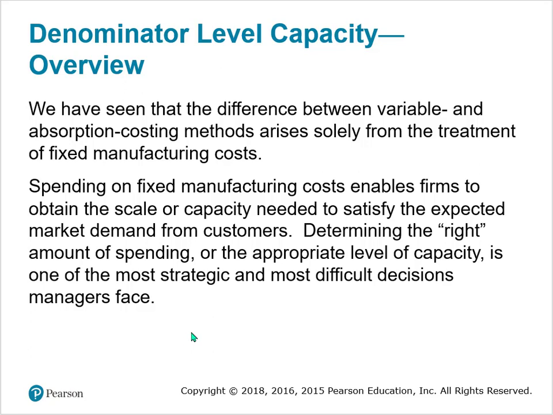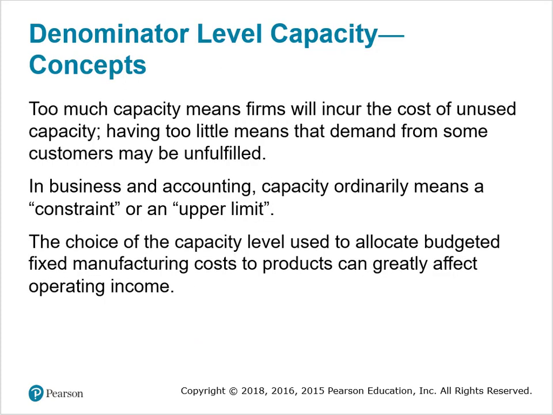Okay, you don't just flop in and out of investments in fixed assets. Now, too much capacity means that firms will incur the cost of unused capacity. Having too little means that demand from some customers may be unfulfilled. So let's take a look at the capacity levels.